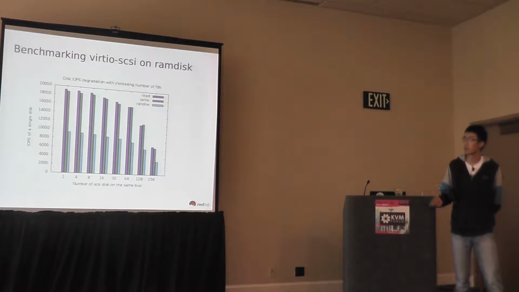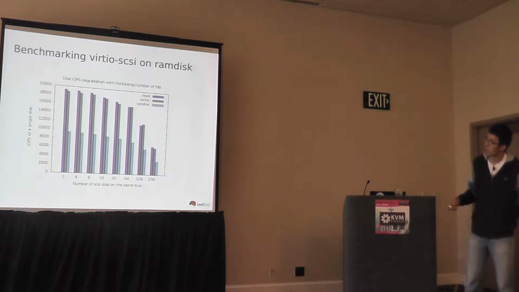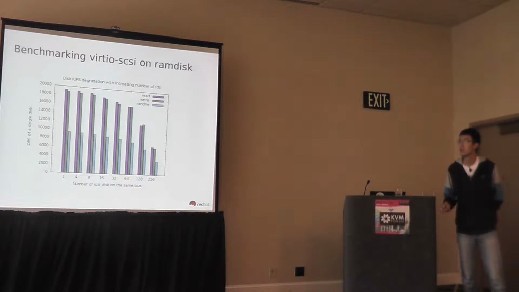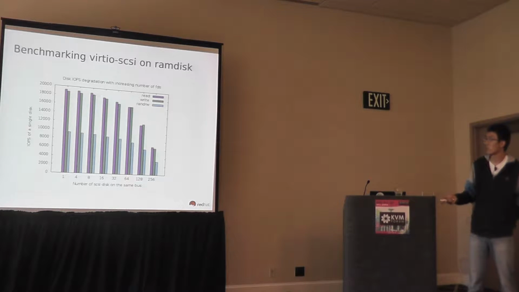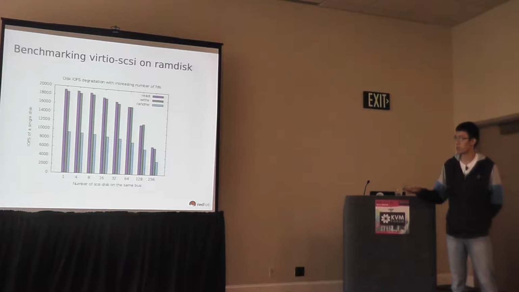We can have fairly good performance. The data is very close to 20,000 in my testing with a ramdisk. And if we go to a higher number of SCSI disks attached to the same bus, which basically means we have more file descriptors inside the main loop, we will have worse performance.